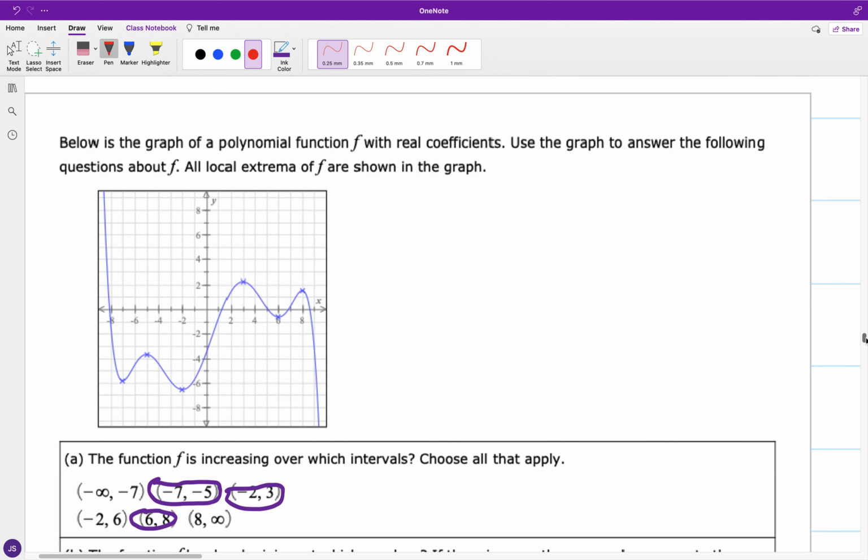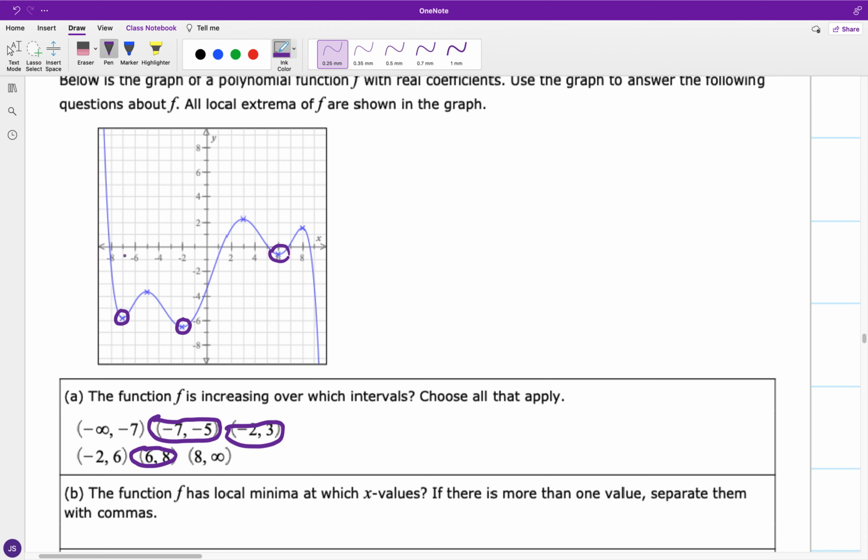So for the x values, you have a minimum at x equal to -7, the next at x equal to -2, and then x equal to 6. So we've got -7, -2, and also 6. This is where the bottoming out points will occur.